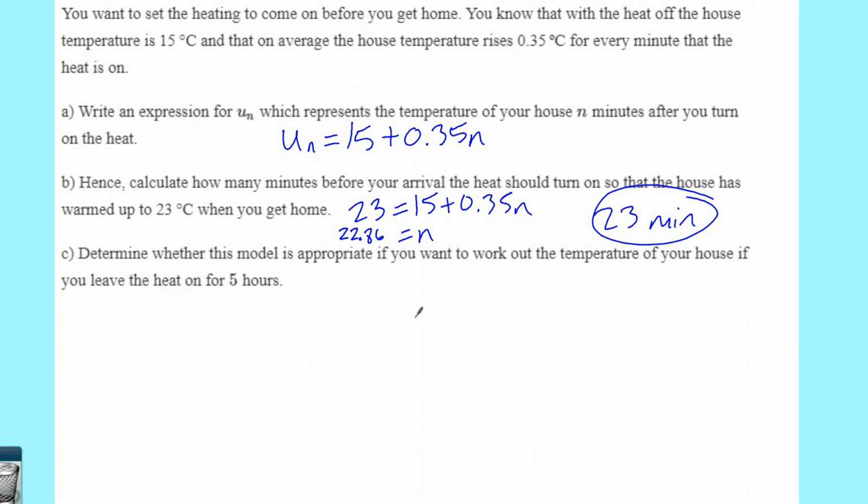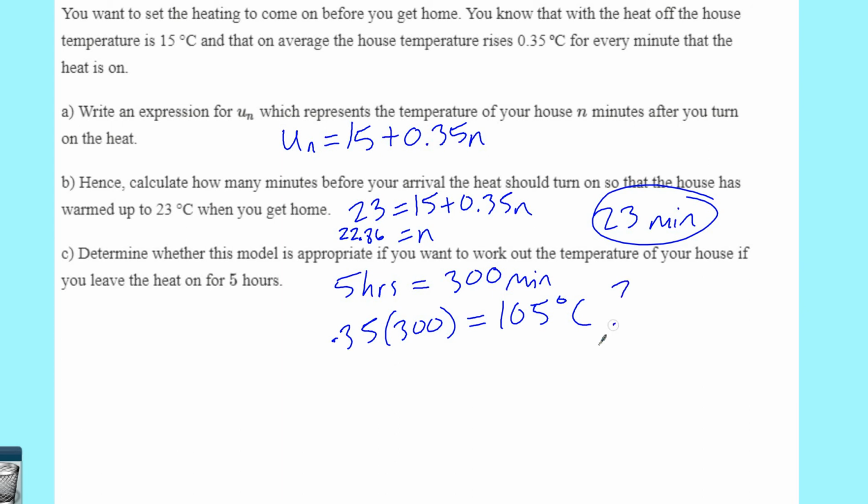Let me write that out for you. 5 hours represents 300 minutes. And if it's rising 0.35 for every minute, we're going to raise 105 degrees Celsius. No, I don't want to be around when it rises like that. So that wouldn't make sense. Eventually, your house isn't perfectly insulated. Eventually, that heat is going to escape and it's going to stop. Your AC unit's not that good, or your heater's not that good. That's why.